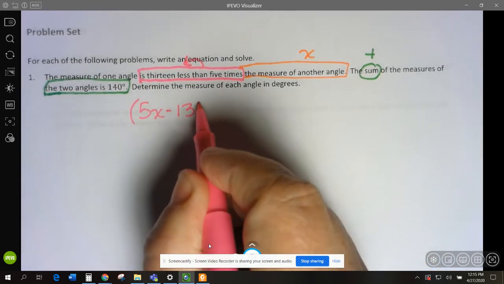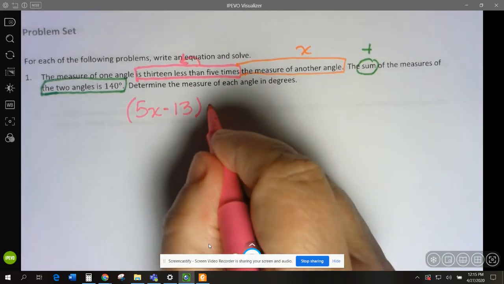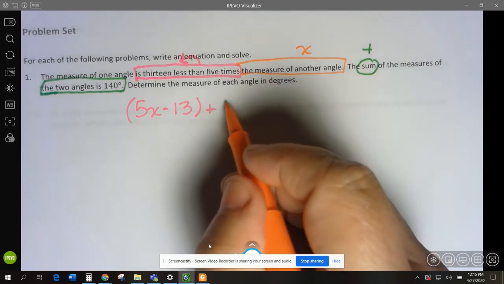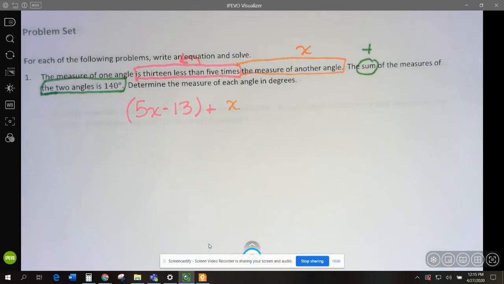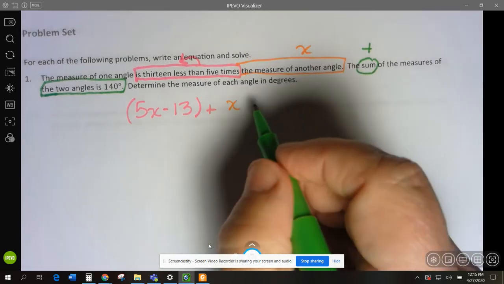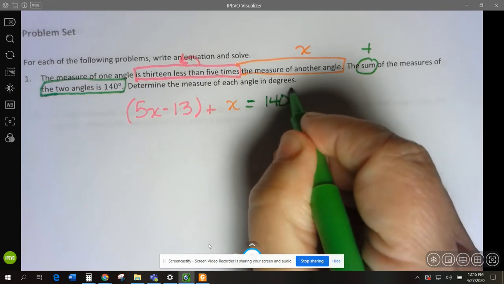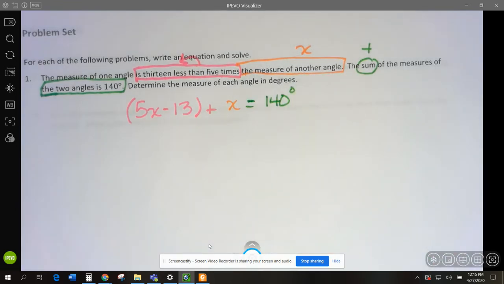That's our first angle. We add that to our second angle, which is just x, and that is going to equal 140 degrees.